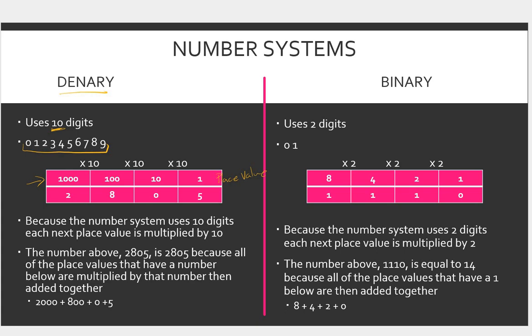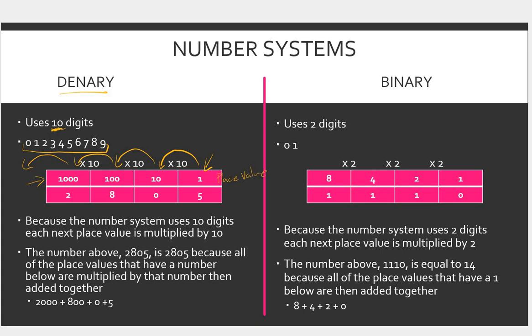So we start off with the place value 1. And the next place value is going to be times whatever the amount of digits this number system uses. So for this, it's going to be 10. So the next place value becomes 10. And then the next becomes 100 and 1,000 and 10,000 and 100,000 and so on and so forth.